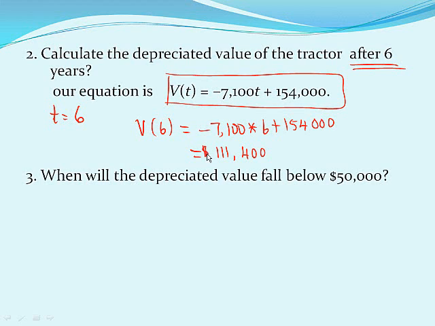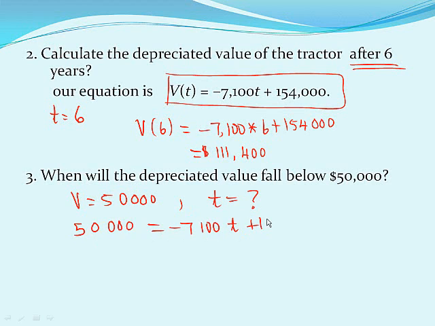Part 3. When will the depreciated value fall below 50,000? So this time we know the value of V, which is V equals 50,000, and we are trying to find out the value of t, which means I need to come back and solve the equation. 50,000 equals negative 7,100 times t plus 154,000.